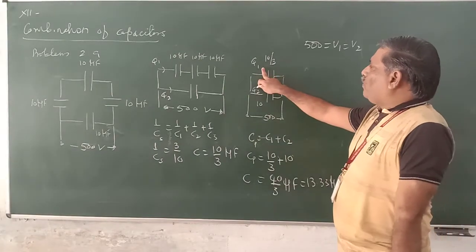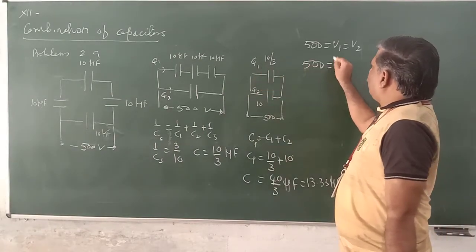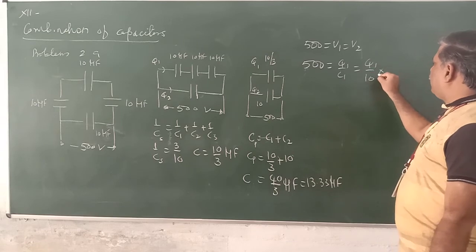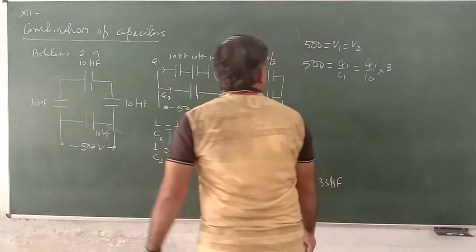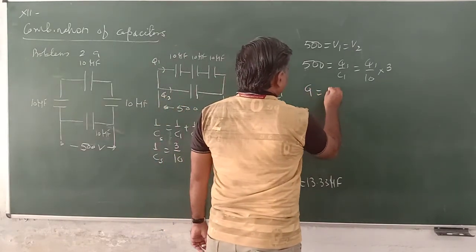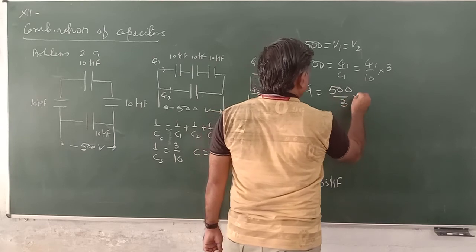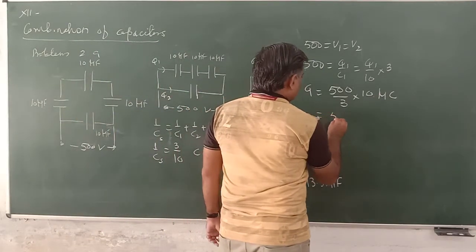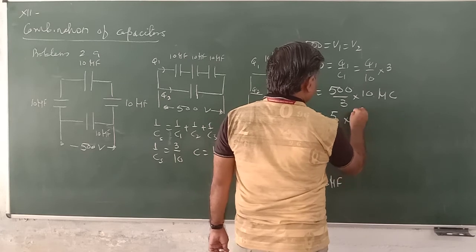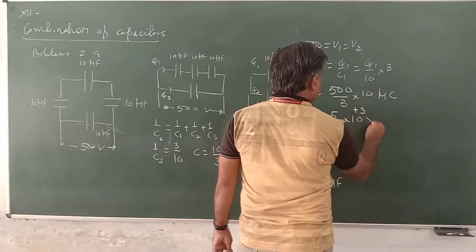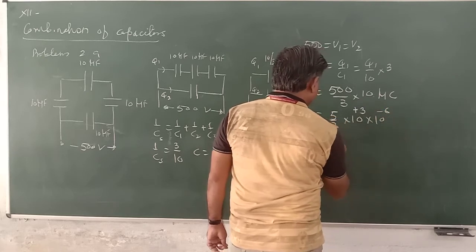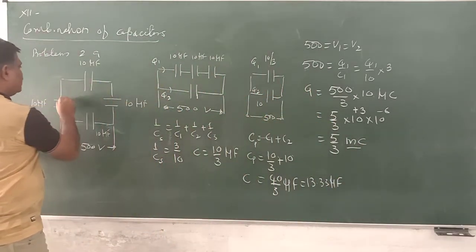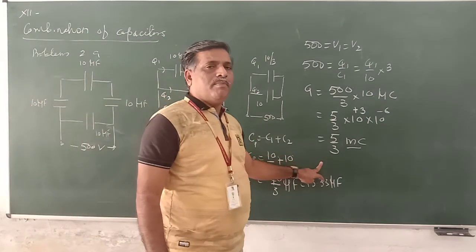Now we want to find Q. Therefore 500 is equal to V1, which is Q1 by C1, so Q1 is 500 divided by 3 into 10 microcoulomb, which is equal to 5 by 3 millicoulomb. So the charge on this one is 5 by 3 millicoulomb.